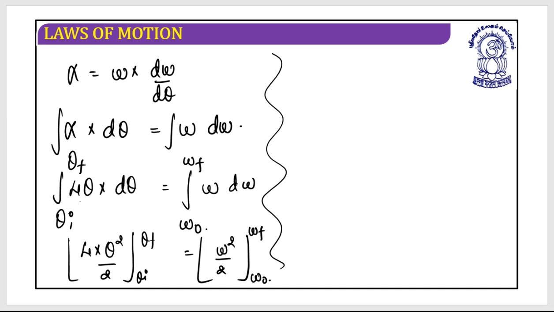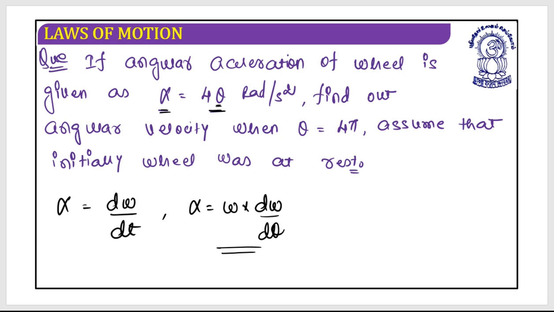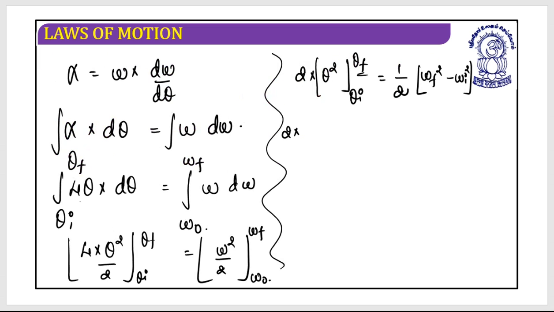So this is 2 into theta square, from theta initial to theta final, which should be equal to 1 by 2 multiplied by omega final square minus omega initial square. So this is equal to 2 into theta final, and theta final means 4 pi.